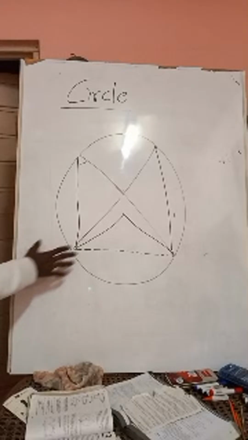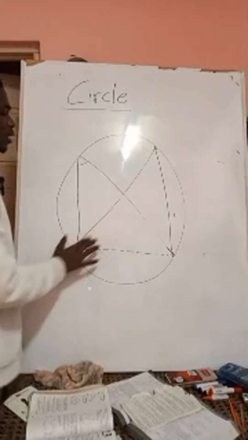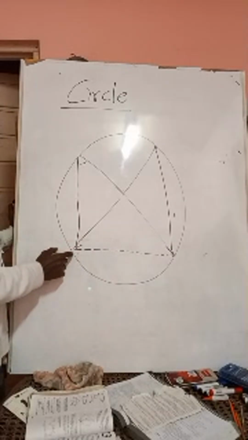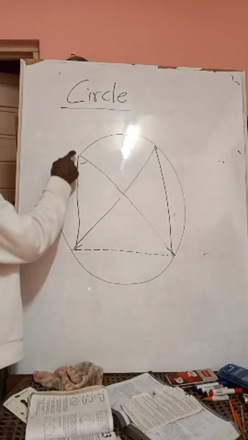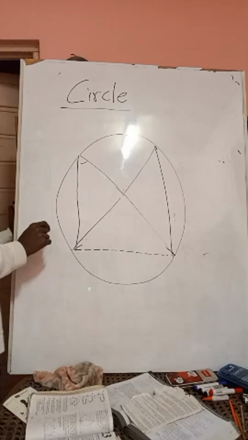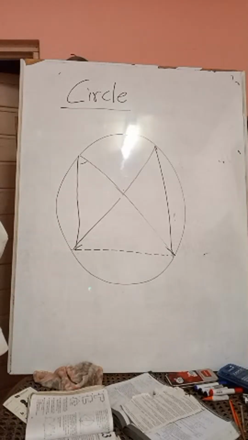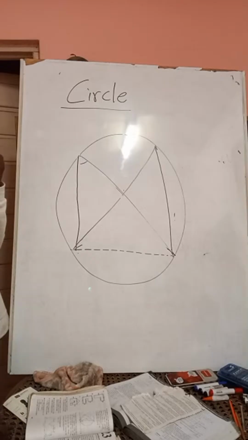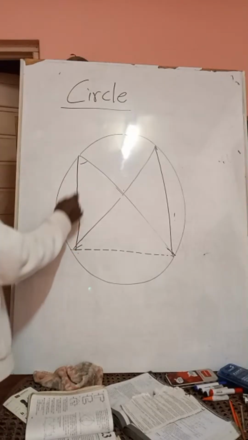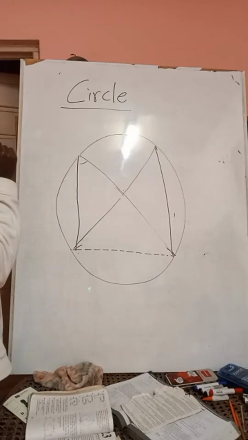Now, whenever you have a chord and then you have a triangle, its tip touches the circumference. So whenever you have triangles on the same chord, the tip of it touches the circumference of the circle.